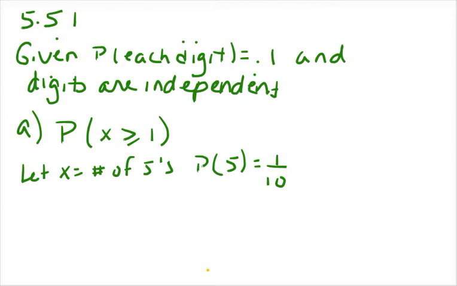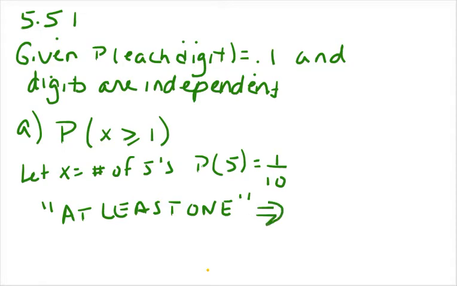So when you're asked for the probability, and the language is at least one, what you can do for that kind of problem is translate that into, well, that's the same thing as 1 minus the probability of none.